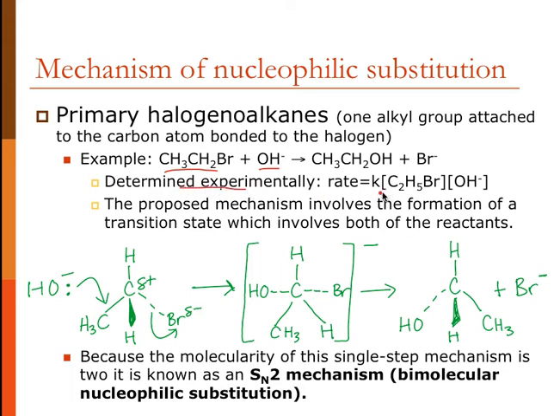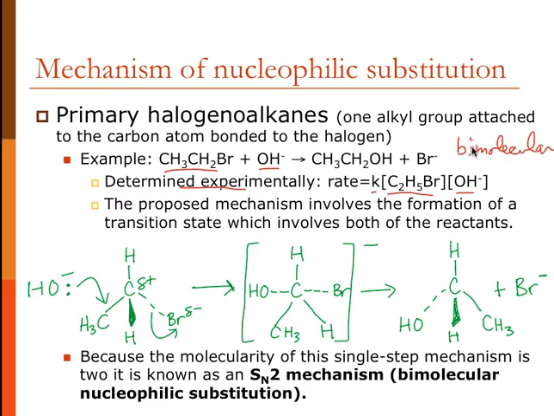Experimentally, it was determined that the rate was proportional to the concentration of the halogenoalkane and the hydroxide. So if you remember, this has a reaction order of 2. It is also called bimolecular.